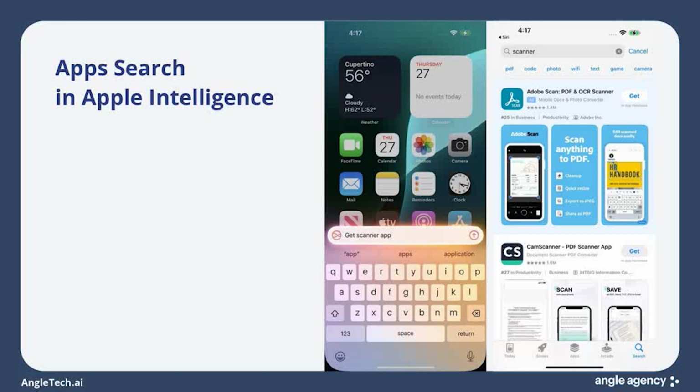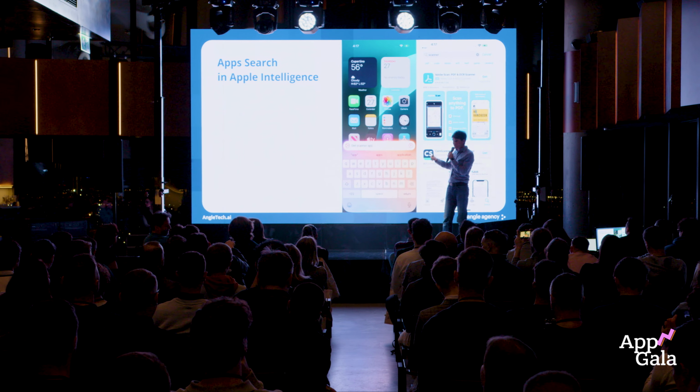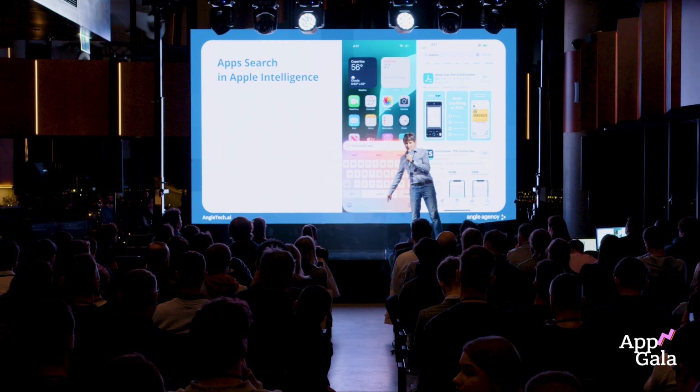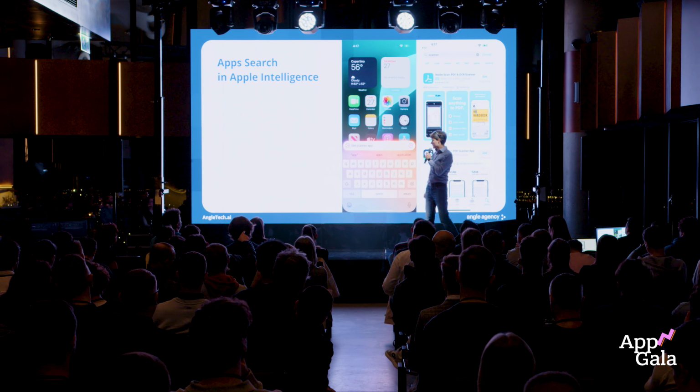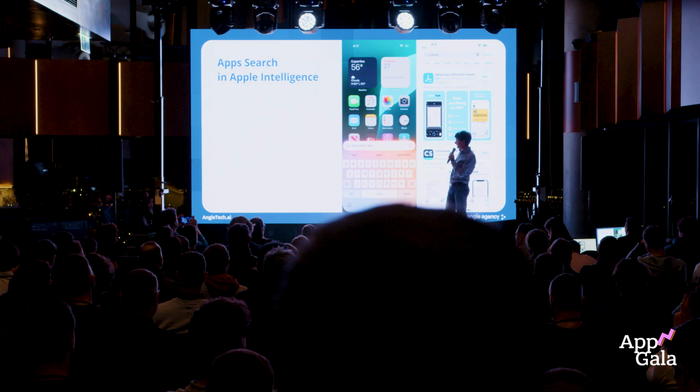This is how Apple Intelligence looks on device. It is very easy to use it. Just double tap here and enter your search request. So I tried to ask Apple Intelligence, get me a scanner app.